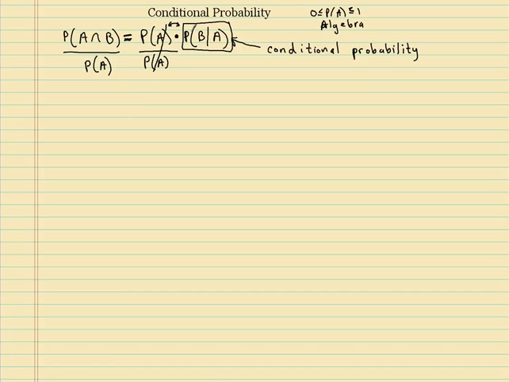So now the conditional probability is equal to this side. I'm going to switch them around: the probability of B given A equals the probability of A and B happening over the probability of A happening. This formula is actually given on your formula sheet.